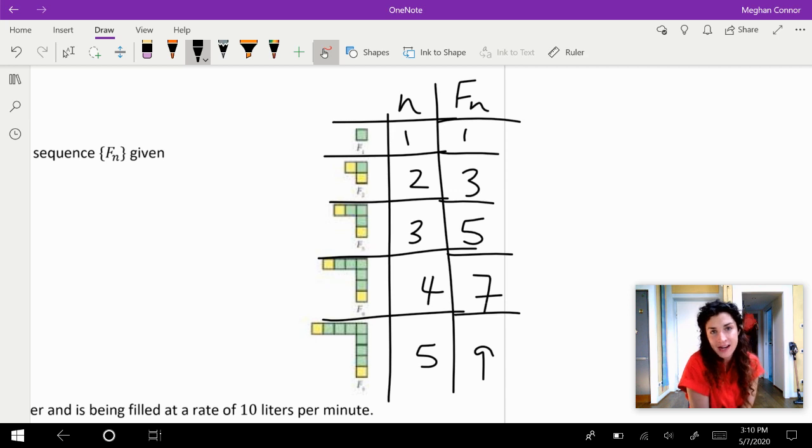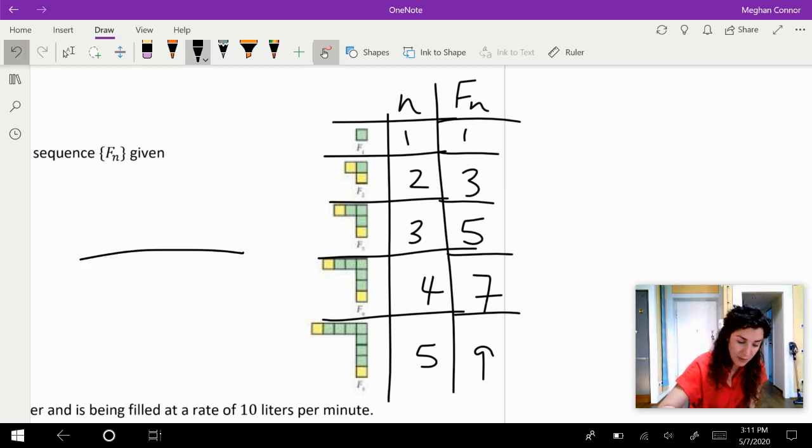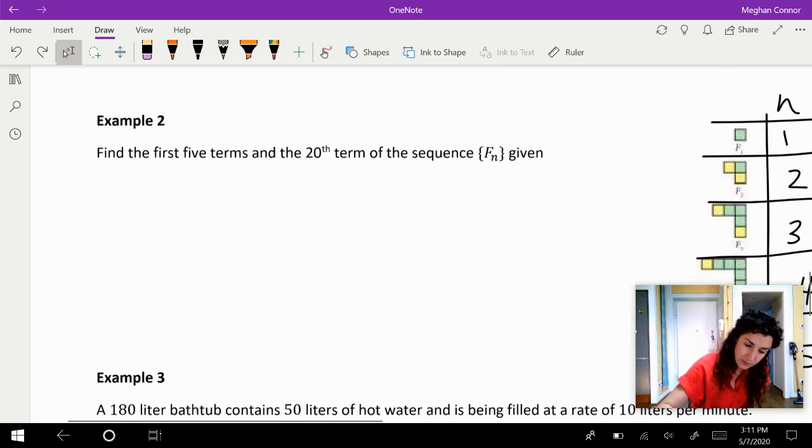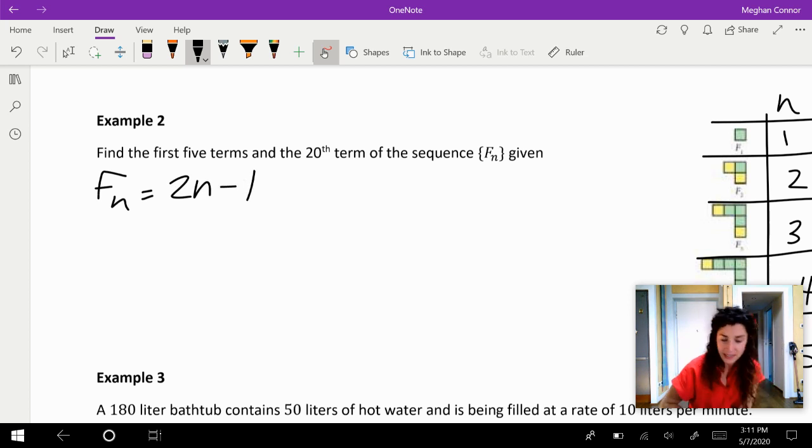That is how you define odd numbers, is that you take any number you want, multiply it by 2, and subtract by 1, guarantees you to give an odd number every single time. So this is n times 2 minus 1. So I'm going to write down my explicit formula. F sub n equals 2 times n minus 1.